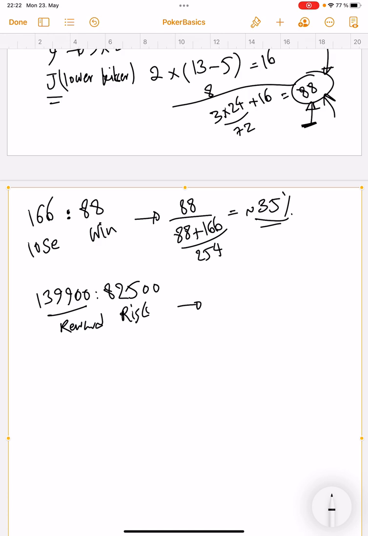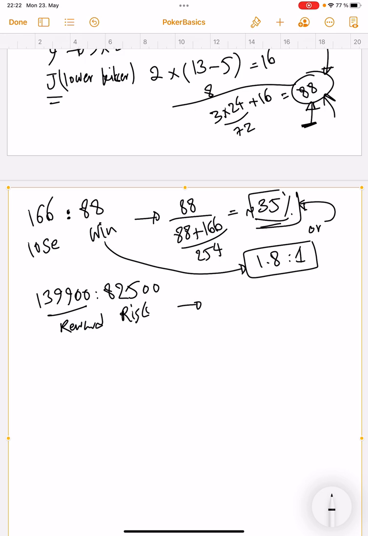We can also take this ratio. If I have 166 divided by 88, this will be 1.8, so I can write this as 1.8 to 1, or 35%.